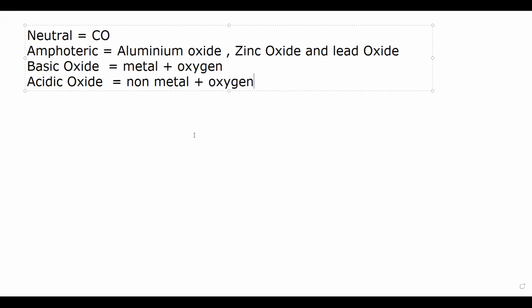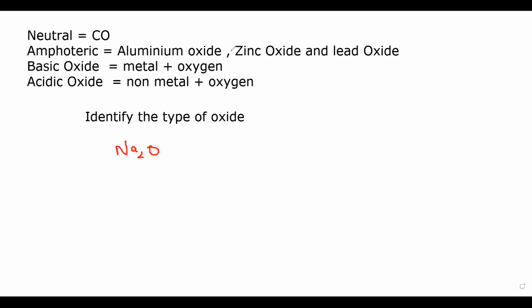So if I say identify the type of oxide just using this information, so if I say I have sodium oxide, Na2O, what kind of oxide is this?